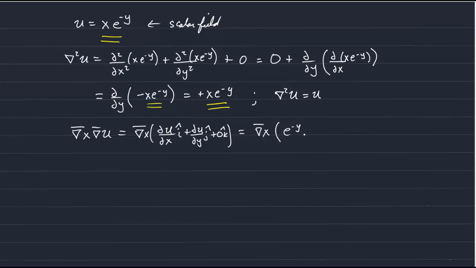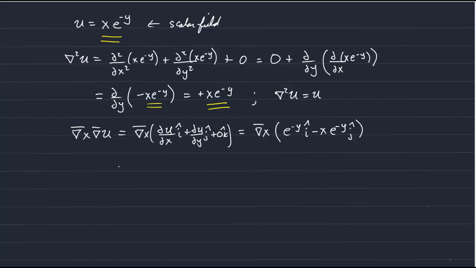Okay, so the partial derivative of u with respect to x is e to the minus y, and that's in the i hat component, plus the partial of u with respect to y is minus x e to the minus y in the j hat direction.